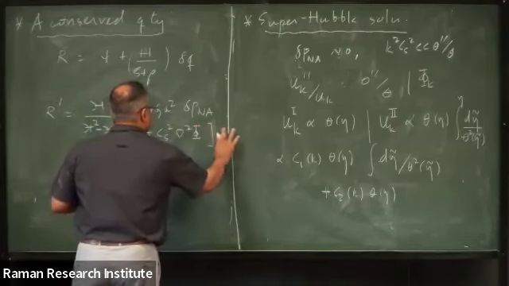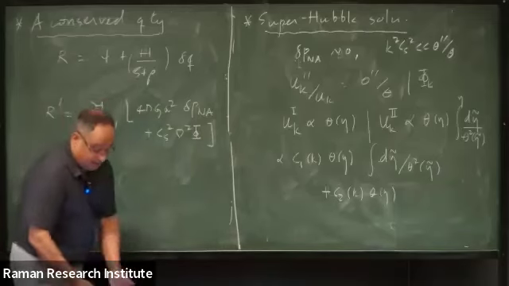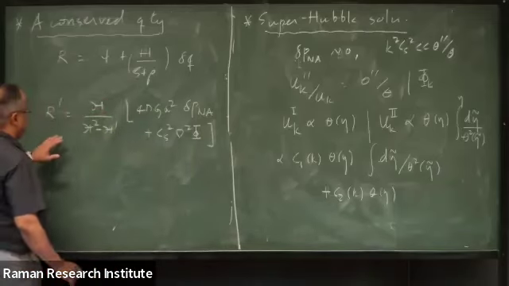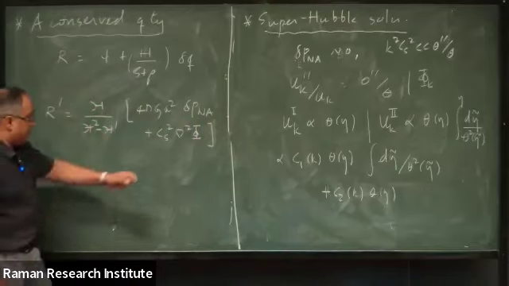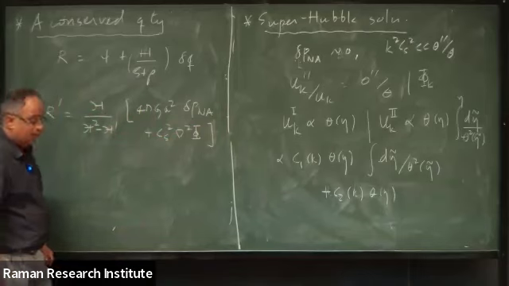This is what it is. This is an identity. Let me emphasize, this is an identity. I've already defined delta P non-adiabatic for you.